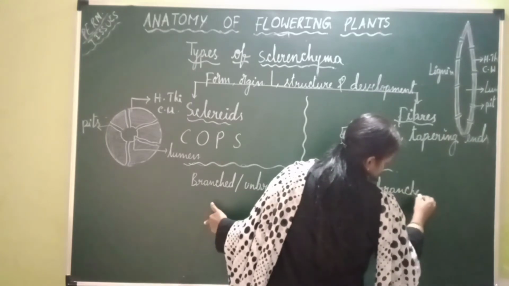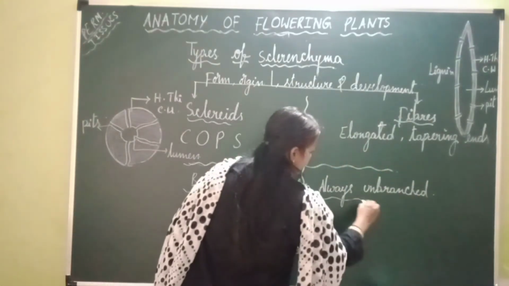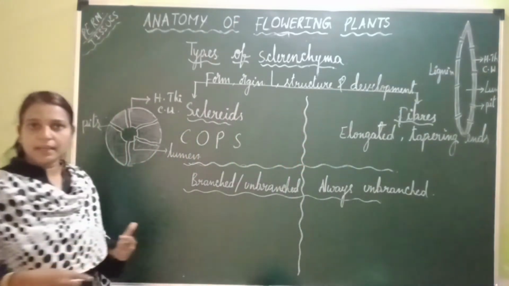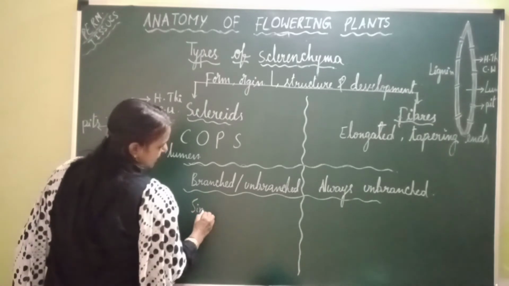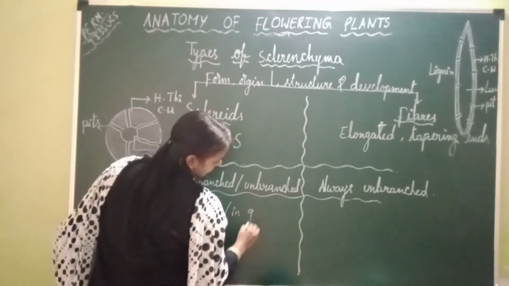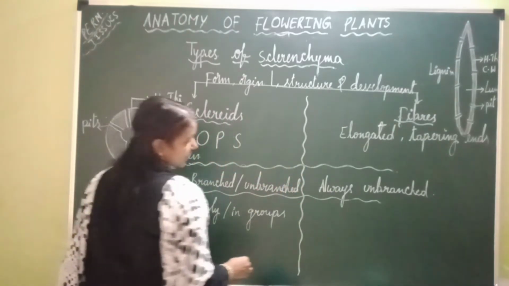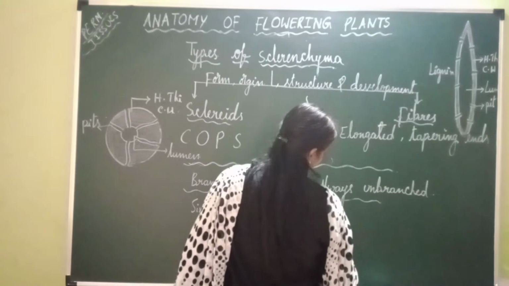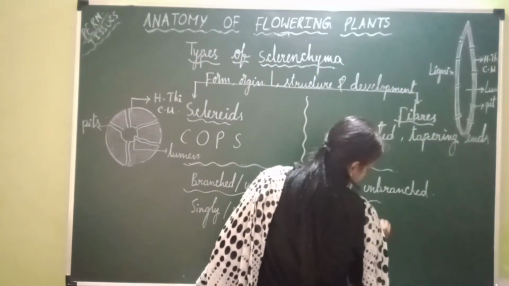Next, coming to whether they are present singly or in groups: sclerids can be present either singly or in groups. Fibers are always present in groups.